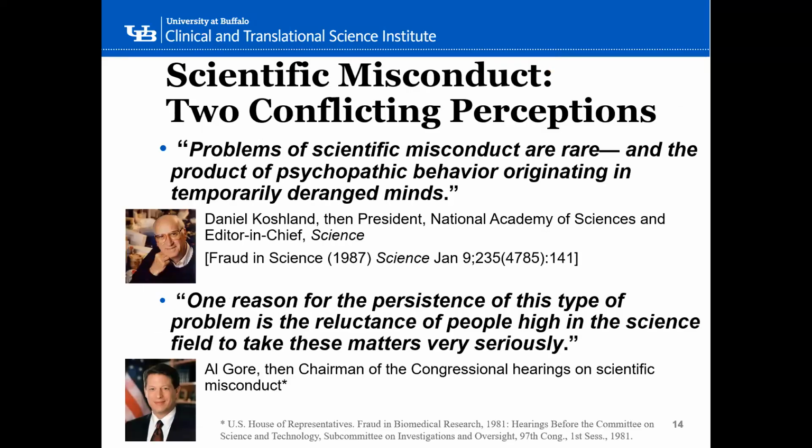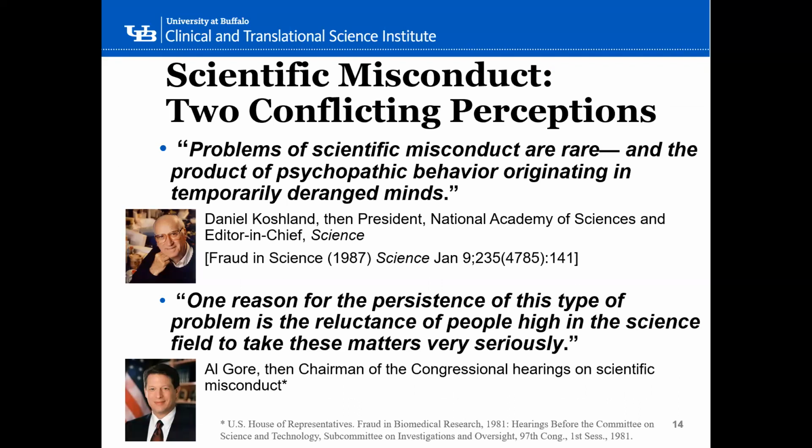So in the early days, there were two conflicting perceptions: the perception of the scientific community in general versus the public's perception. The scientific community's perception was articulated by Dan Koshland, a world-famous biochemist at the University of California, Berkeley.